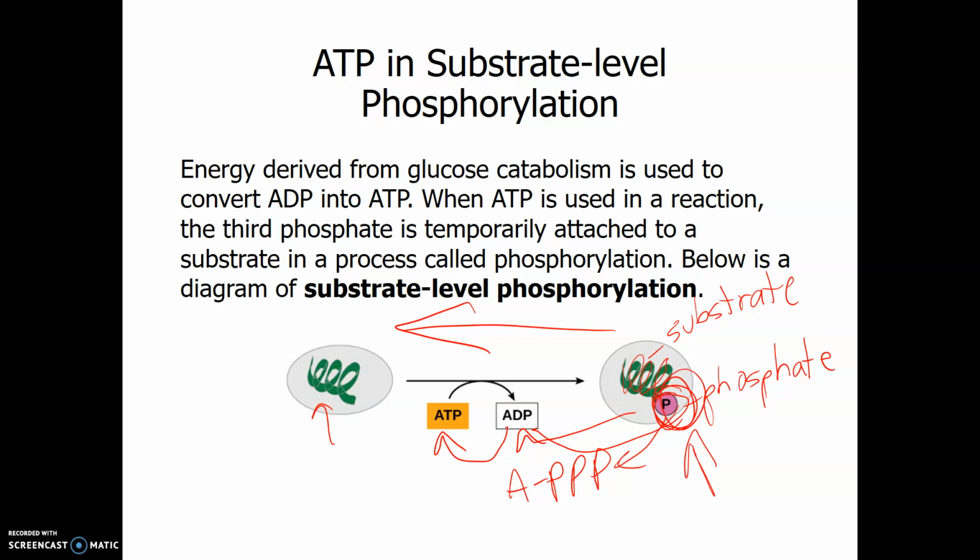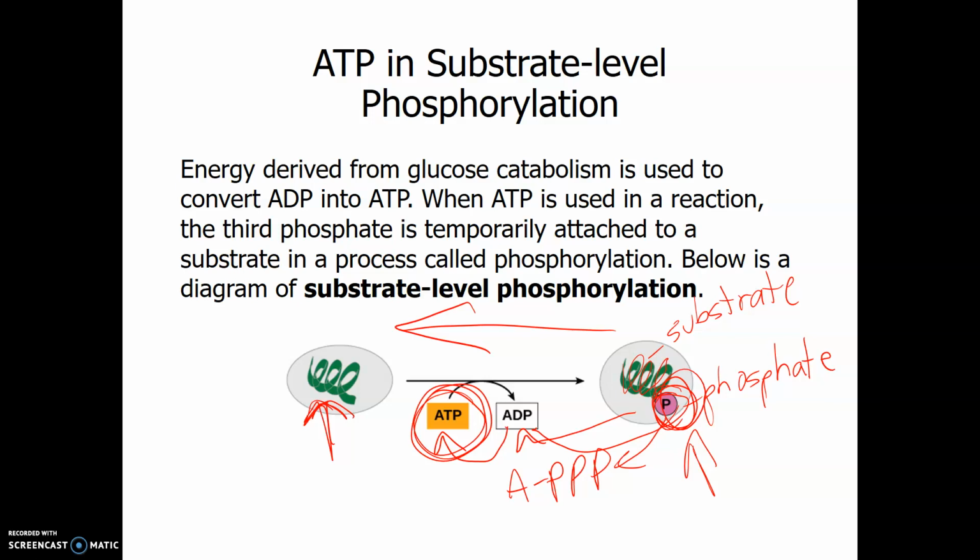So that is called substrate level phosphorylation. And then you can see, since the ADP has taken up that extra phosphate group, the substrate is missing the phosphate because it gave it to the ADP molecule to produce ATP.